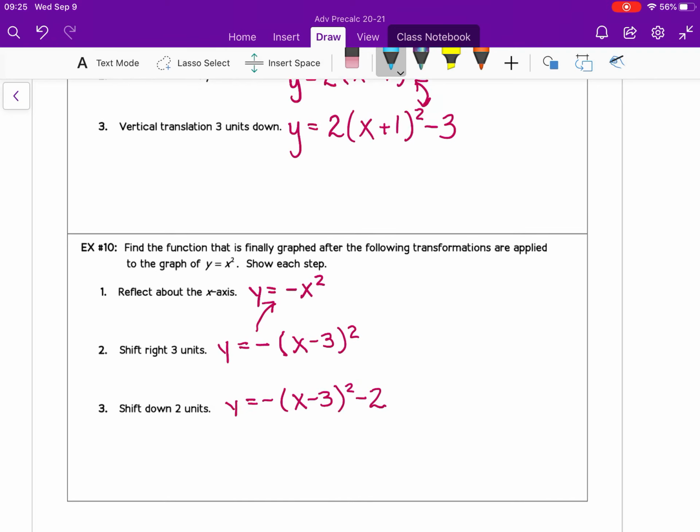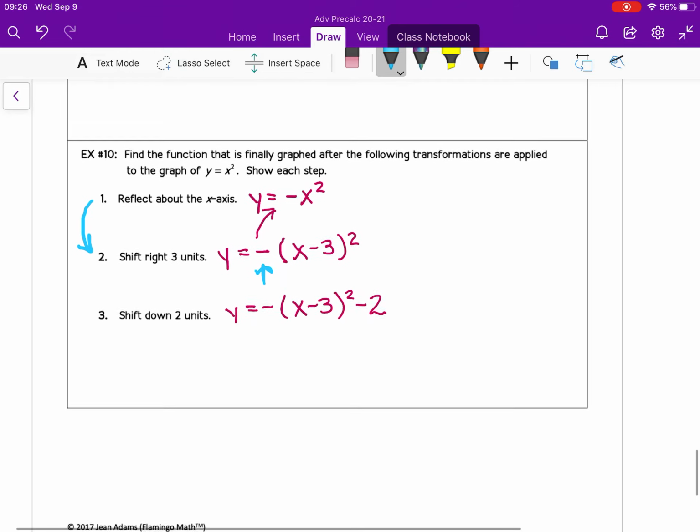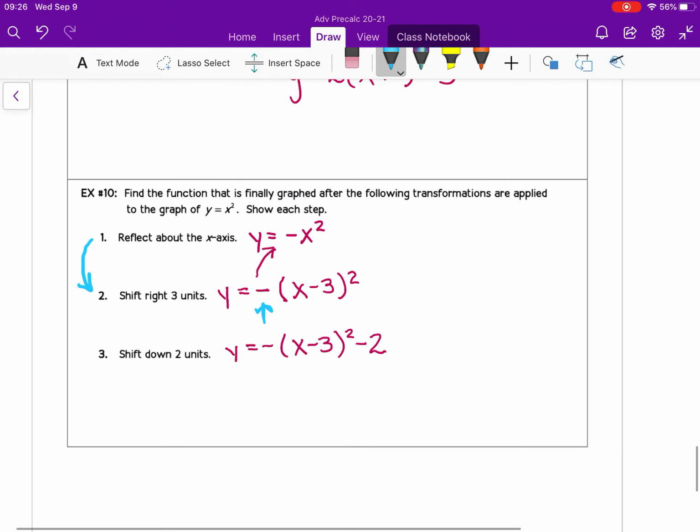And last one, what if I reflect about the x-axis? The negative is out front. If anyone were to miss, I would guess that they forget to keep the negative out front here and accidentally put it on the inside. But since it is a reflection across the x-axis, it needs to be out front. And then showing that it went right 3 and down 2.